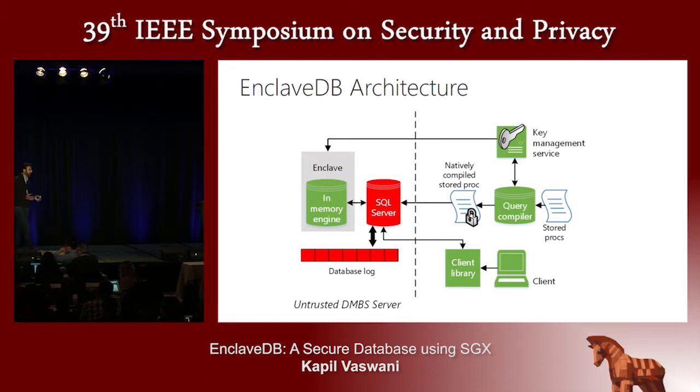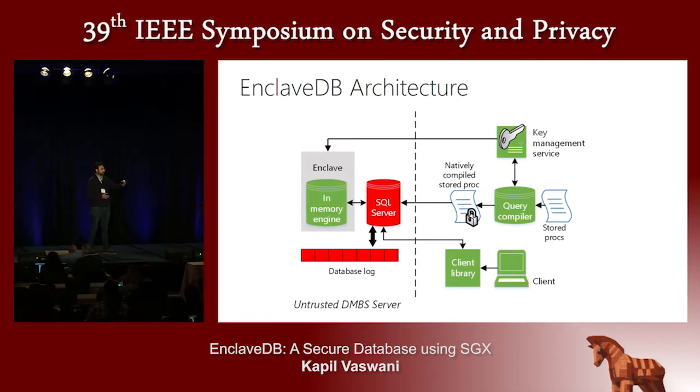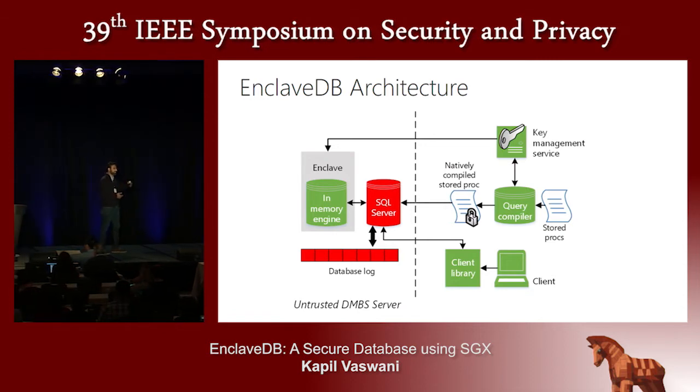On the client side, we have a key management service where users who create an EnclaveDB instance upload their encryption keys with a policy that defines the exact enclaves that the keys can be released to. These are keys that will be used to encrypt transactions on sensitive data in the database log. EnclaveDB defines a new mechanism for writing queries against sensitive data.